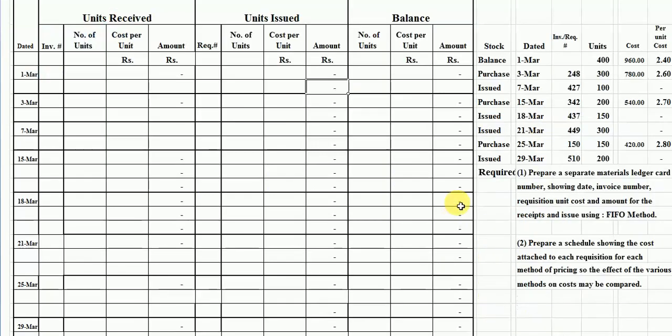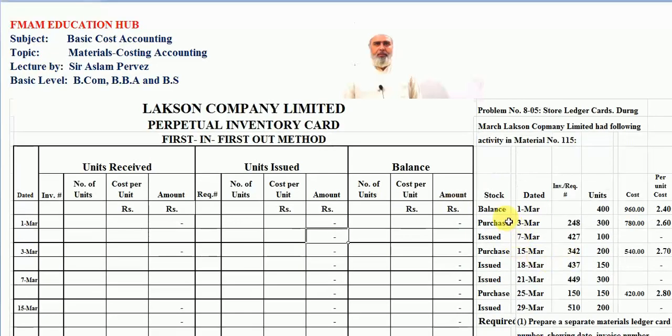Students, this is our first transaction: balance on 1st March, 400 units. The costing amount is 960 rupees, but the average cost per unit is 2.40.